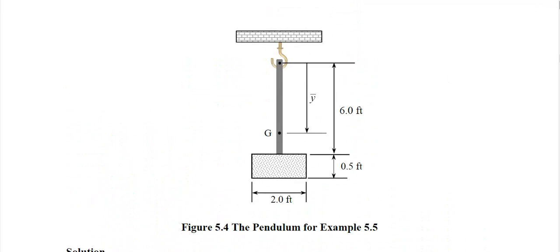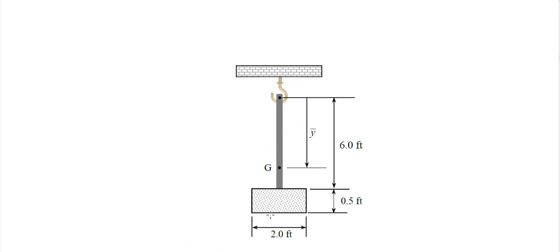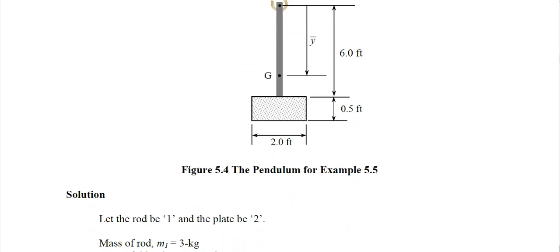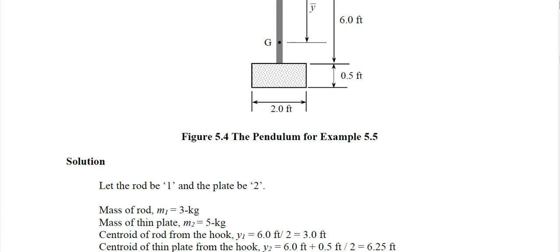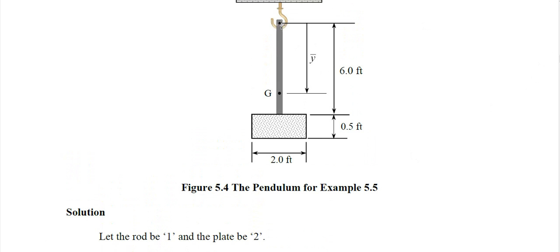So here we will divide this, say this is 1, this is 2. What is the mass of this? If you remember, it is 3 kilogram. The mass of this is 5 kilogram. So mass of rod 3 kilogram, mass of plate 5 kilogram. What is the centroid of the rod from the hook? It is 6 by 2 because it is uniform, so we can consider that it is at the middle: 6 divided by 2, 3.